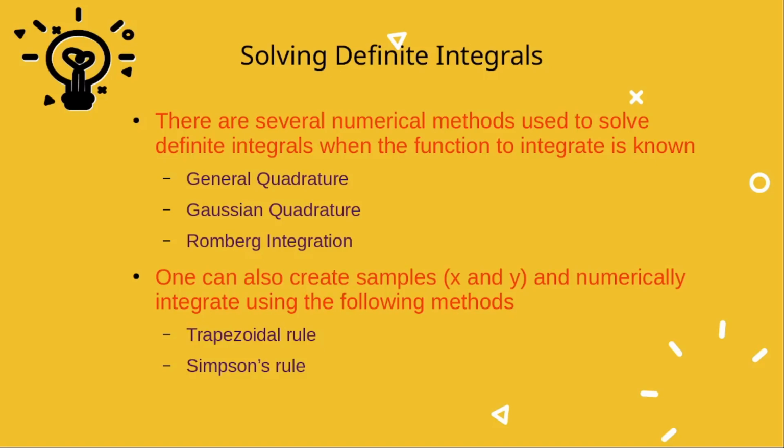Alternatively, you can take or assume a set of values of x or t, and then calculate the corresponding values of y. And then you can integrate the data that are presented in samples using what is known as the trapezoidal rule or Simpson's rule. The trapezoidal rule essentially plots a curve and assumes that the curve is made up of many trapezoids, and then sums up the areas of the trapezoids to give you the value.